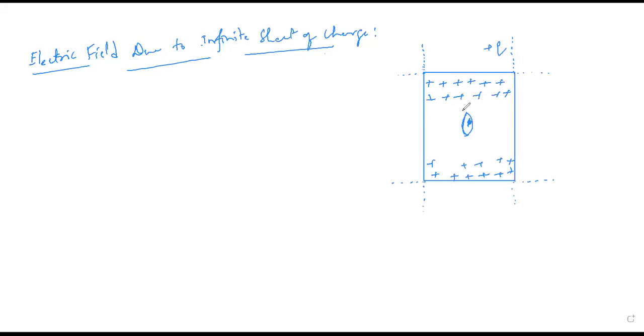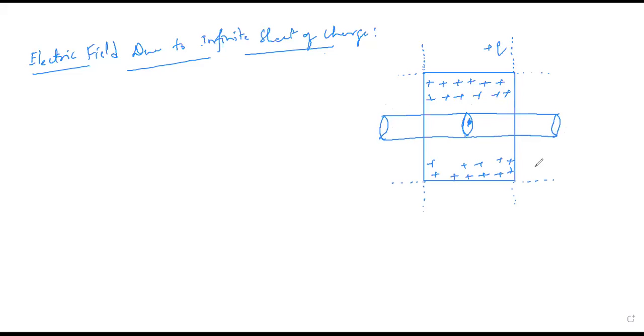So for that purpose, what we have to do is take a Gaussian surface at this particular point, with respect to this small element. This is on one side, and this is on the other side. Correct?